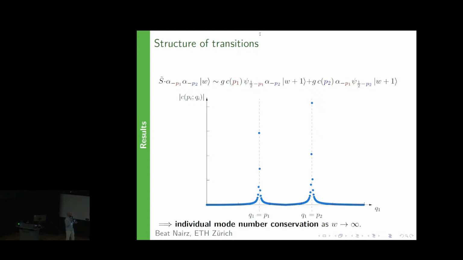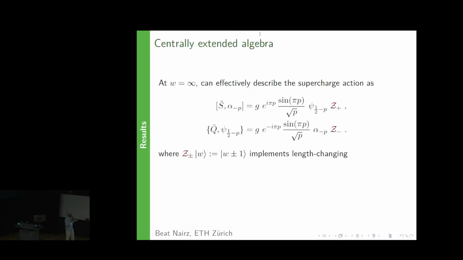Okay, we can describe this more elegantly by some commutator. So we prescribe the following commutator: S tilde, the right-moving supercharge, doesn't commute with the boson. Instead, it turns it into a fermion with some momentum-dependent prefactor, and it inserts some Z plus, which we define by a length-changing effect. Q tilde is the conjugate, and it acts as the conjugate.